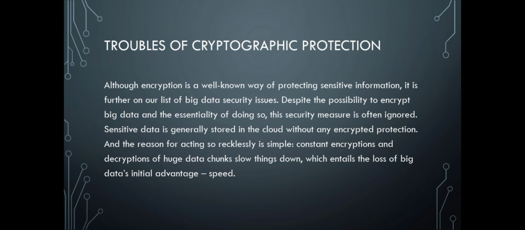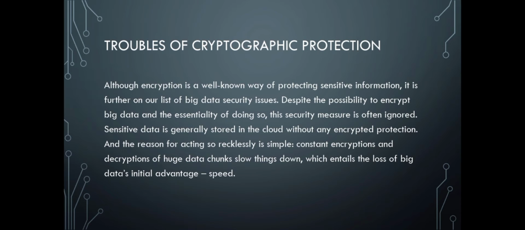Troubles of cryptographic protection. Although encryption is a well-known way of protecting sensitive information, it is further on our list of big data security issues. Despite the possibility to encrypt big data and the essentiality of doing so, this security measure is often ignored.